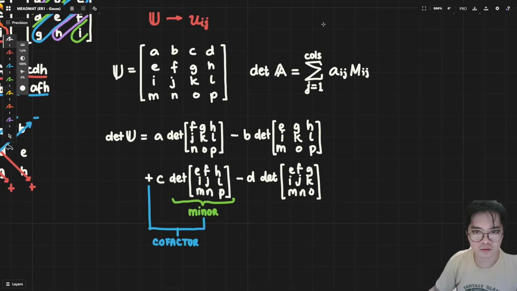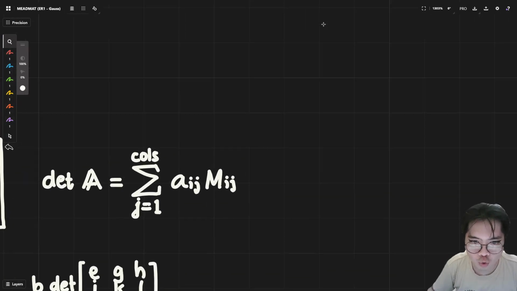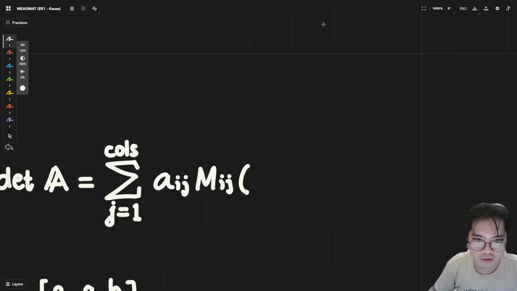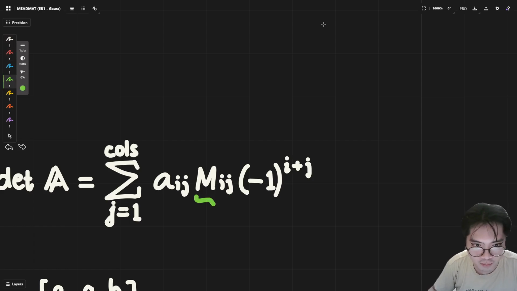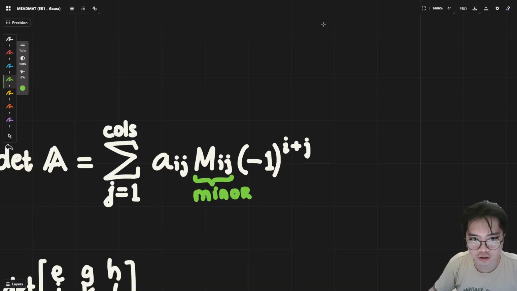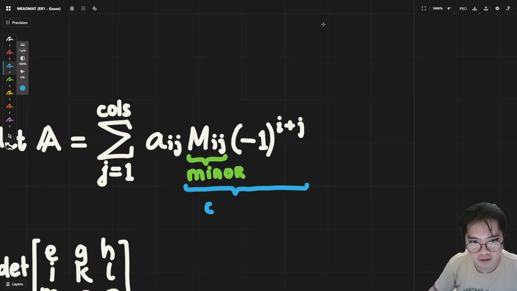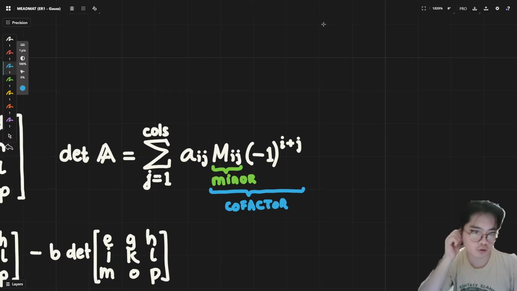And there's something wrong in here because what you need to do is include -1 raised to I plus J. This is your minor. And if you include this computation of -1 raised to I plus J, this is your cofactor. That is your cofactor.